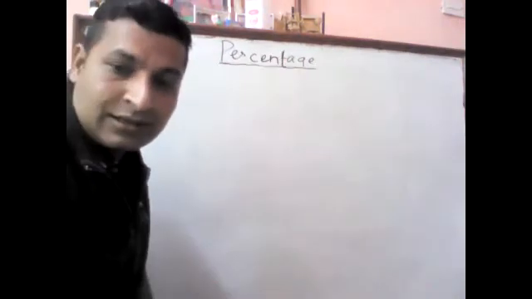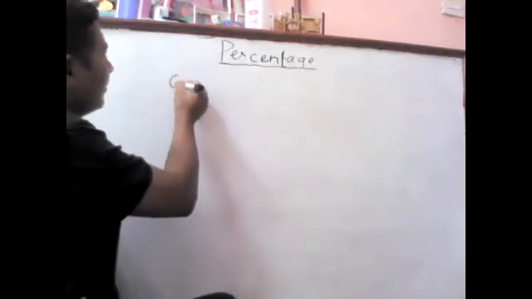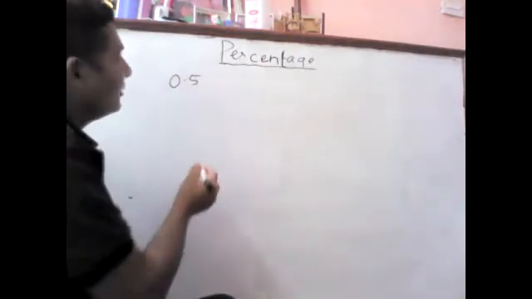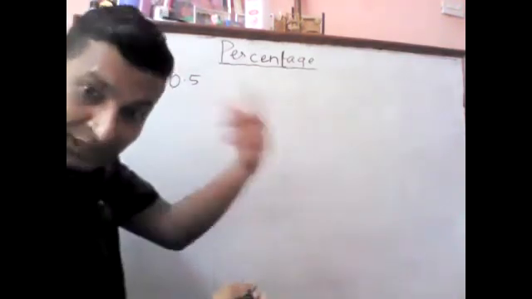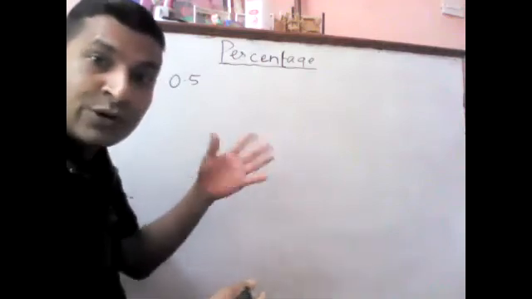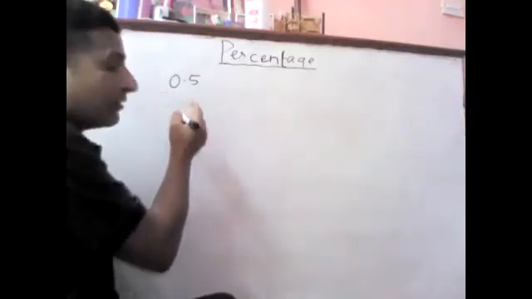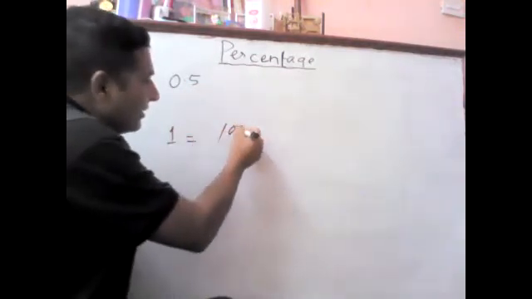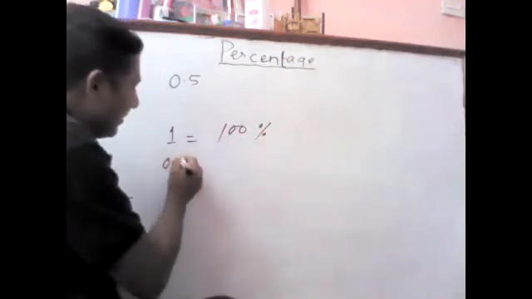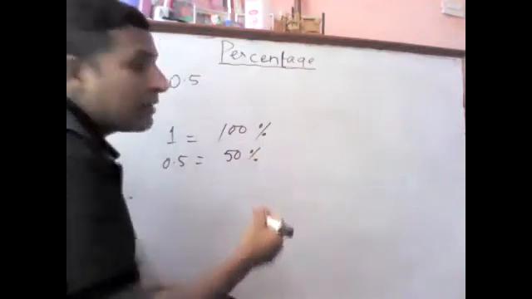And if a number is given in decimal, suppose 0.5, 0.5 means half of 1. 1 means 100%, so it must be equal to 50%. By process, I think you are clear. 0.5 is equal to 50%, half.